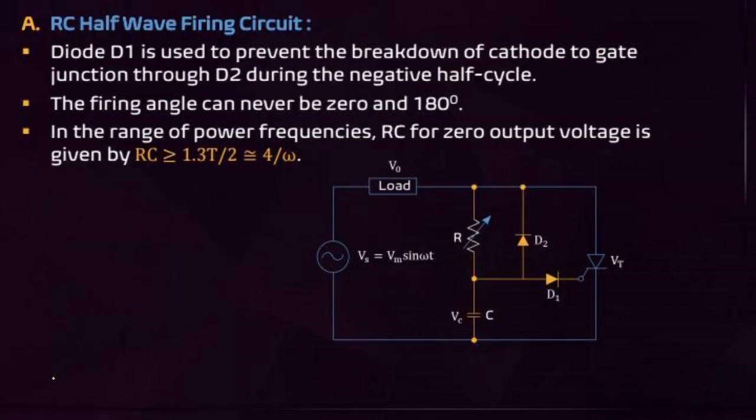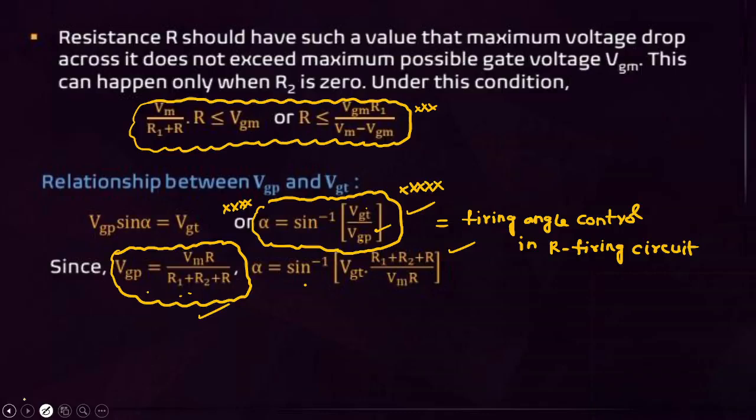Next, what is the RC firing circuit? In the RC firing circuit, there is again a half wave firing circuit and a full wave firing circuit. The second method, RC firing circuit: in RC firing circuits again, there are two types.